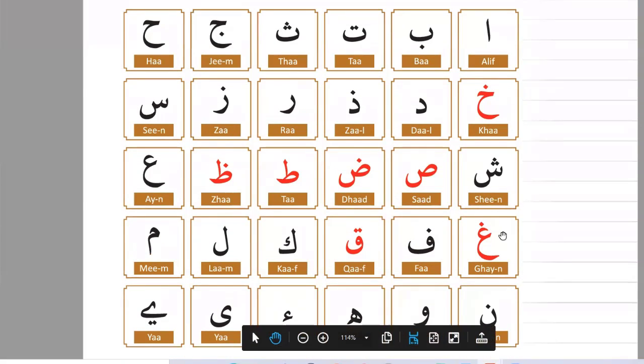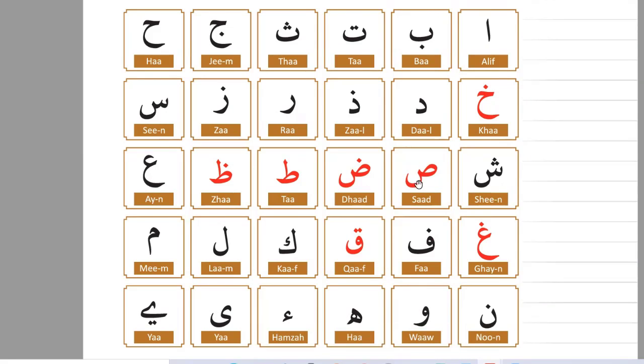Next is Sad. Sad is again an awesome letter. You have to elevate the back of your tongue, front two teeth join together, and you pronounce the letter Sad. Then Dad. This is also an awesome letter, and the side of the tongue touches your upper molar teeth.